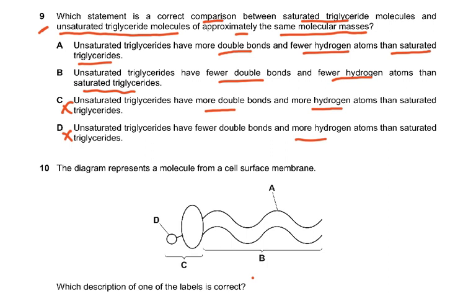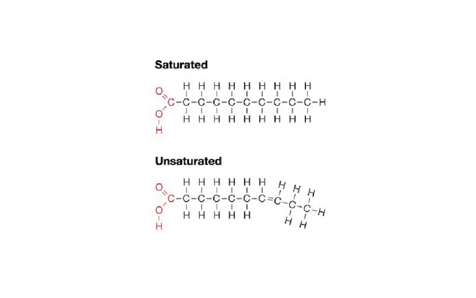Now I'm just going to show you a diagram to understand this. Now if you look at this one, every carbon has a hydrogen attached to it. But look here, this carbon only has one hydrogen attached. This carbon only has one hydrogen attached. While this carbon has two hydrogen atoms, this carbon has two hydrogen atoms. So you've got to understand that saturated fats would have more hydrogen and unsaturated fats would have less hydrogen.